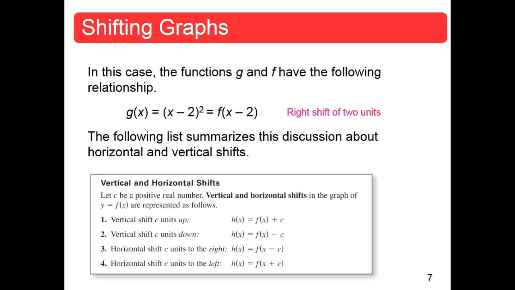Vertical shift C units down, take it down. Horizontal shift C units to the right, make that an x minus C. Again, everything with x is backwards. Horizontal shift to the left C units would be f of x plus C. So it is going to the right.